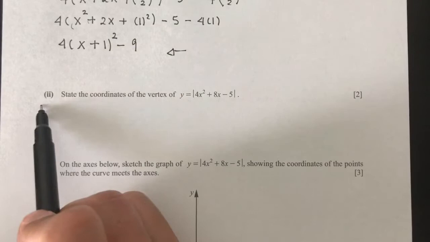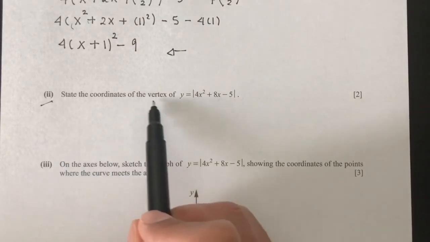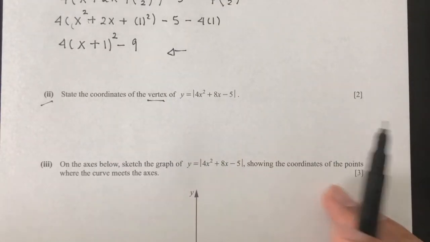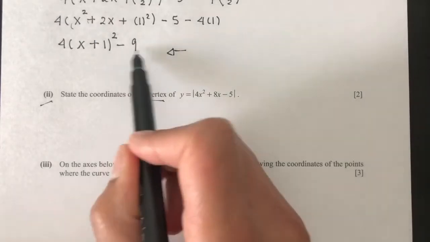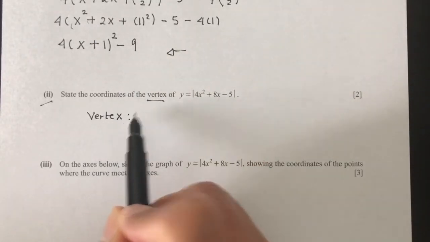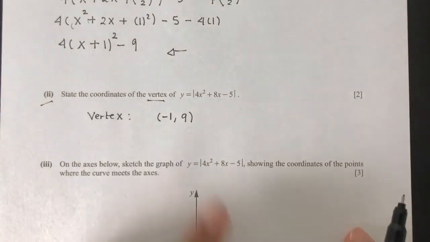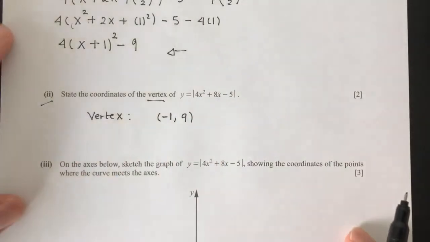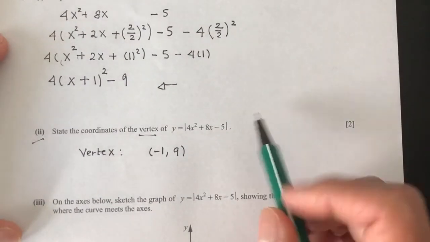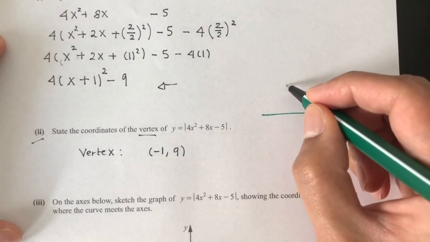Now part 2, state the coordinates of the vertex of this graph. So pretty easy. The vertex of this graph will be this value here, 9. So the coordinates should be minus 1 and 9. So you have to understand here, a modulus graph is a graph that does not go below 0. Now if you were to draw the graph, let's say you have your x and y here, for example, right?